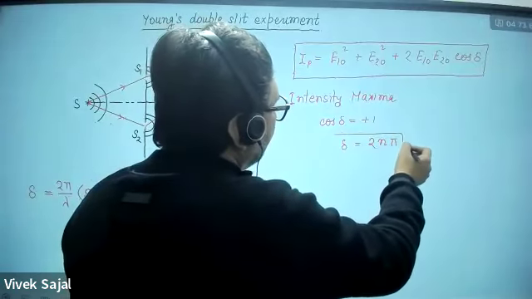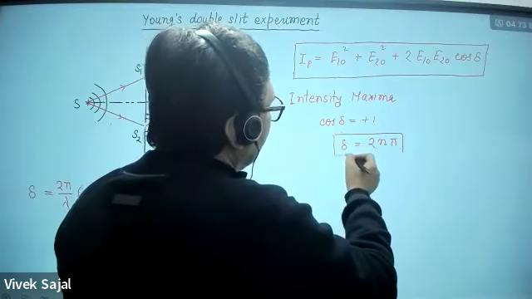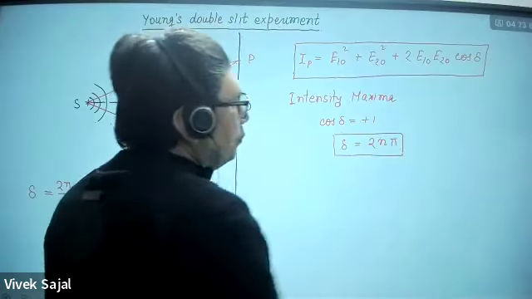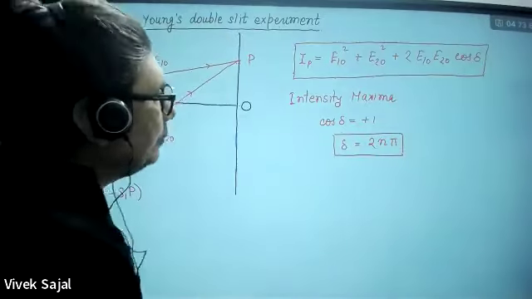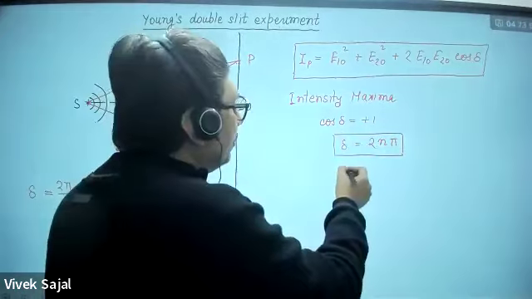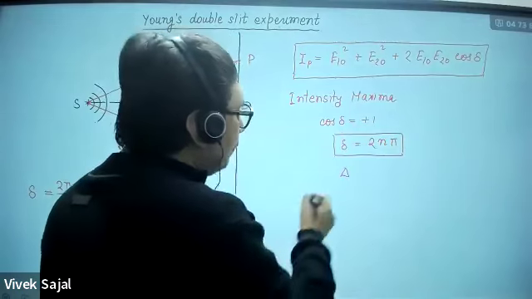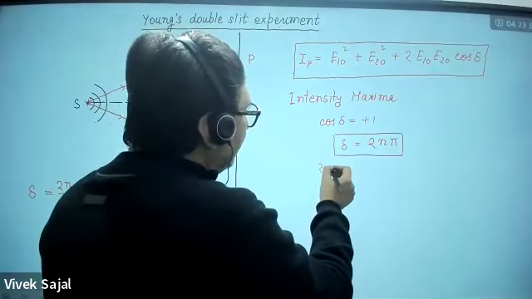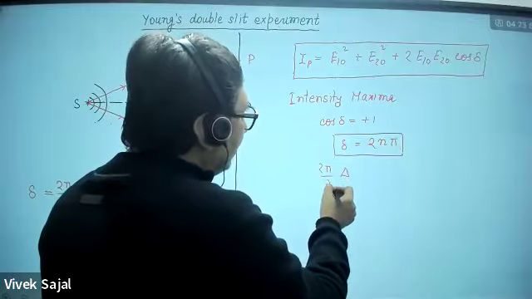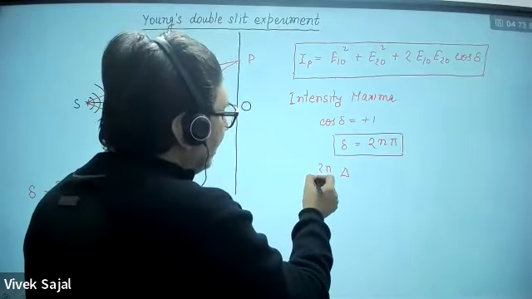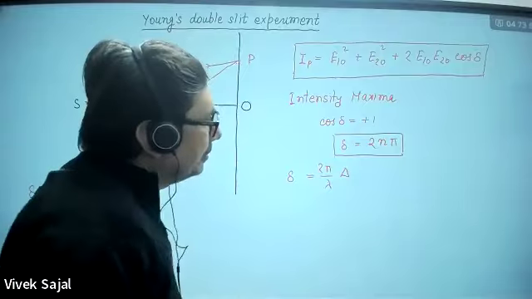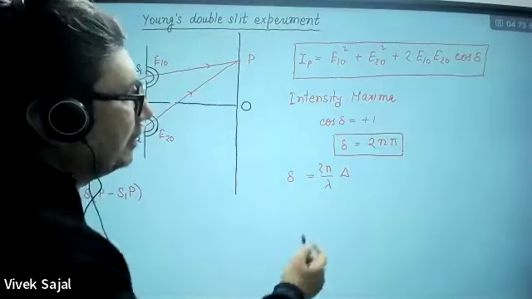So one formula is this. This is one of the conditions for interference maxima. So you have to remember this. Second, you have to find out the corresponding path difference, delta. So 2 pi by lambda into delta is equal to phase difference.